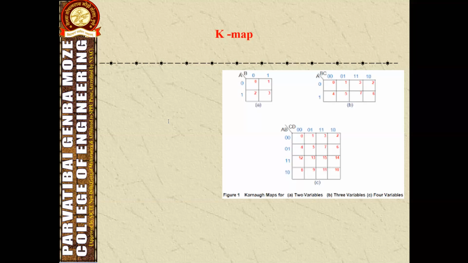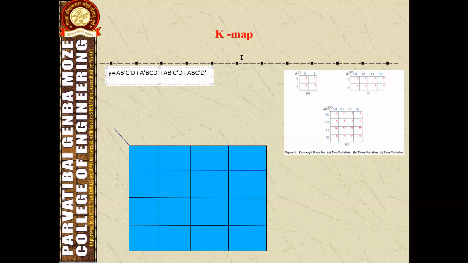Let's see one or two examples of Boolean expressions that will help in solving problems. Let's see one example. This is one expression and we have to simplify it. We are considering the K-map for simplifying this expression. First we have to think how many variables are present in this expression.